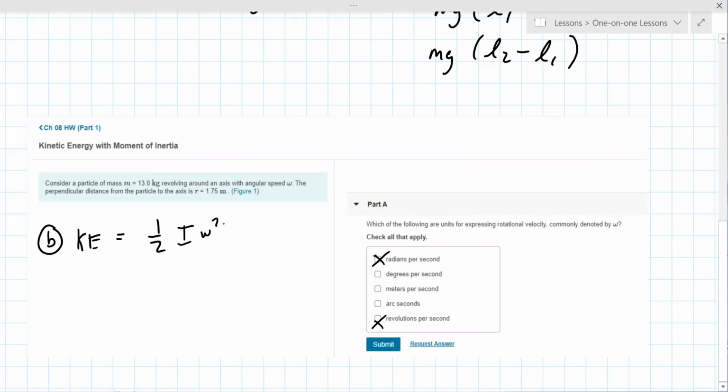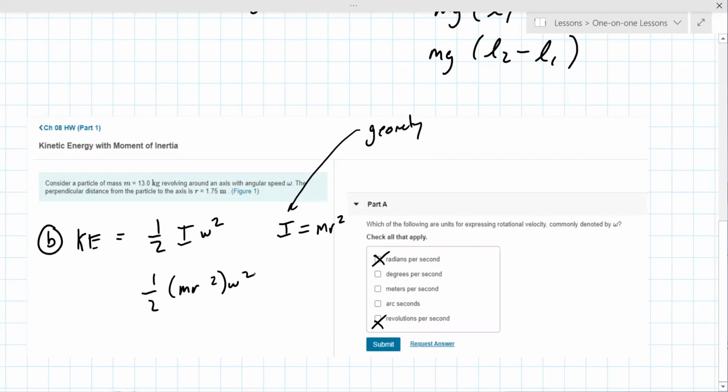This is a known thing. I takes on different values depending on the problem. For this one, they suggest m r squared. I depends on the geometry of the solid. There are different geometries like a sphere, cylinder, thin hollow sphere, hollow cylinder, and so on. So you substitute that in, you get m r squared w squared.